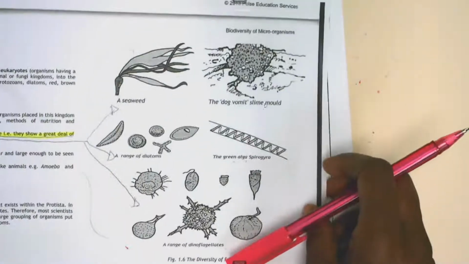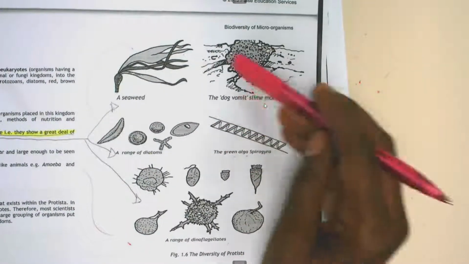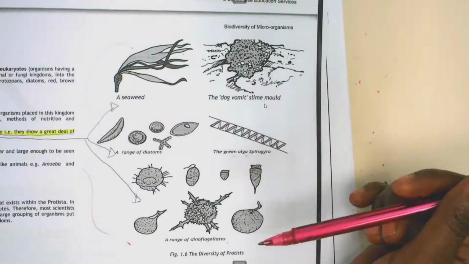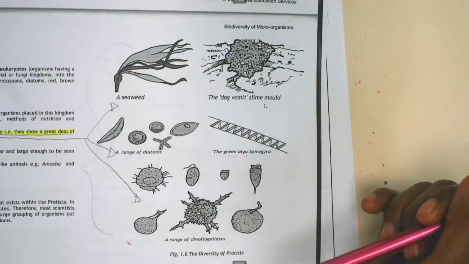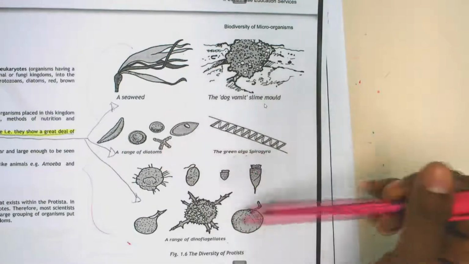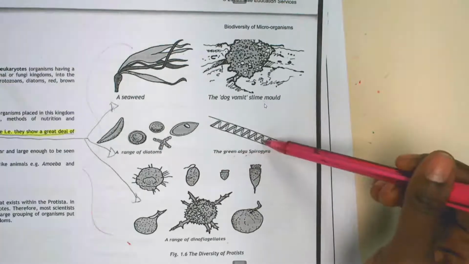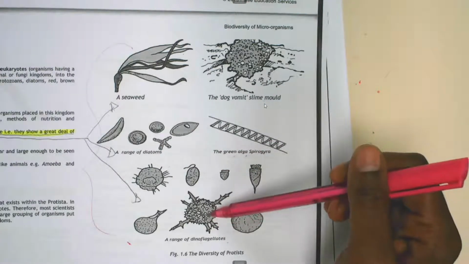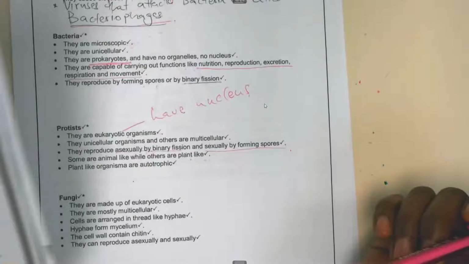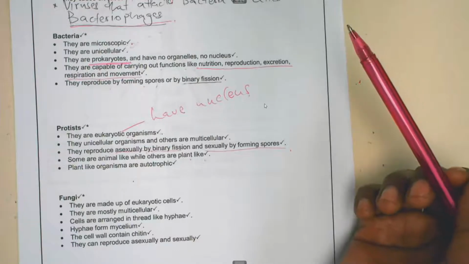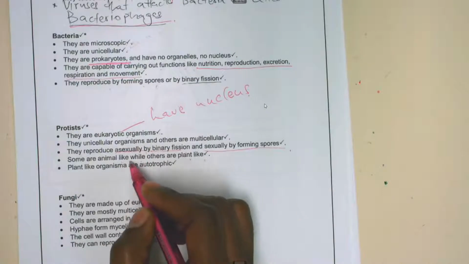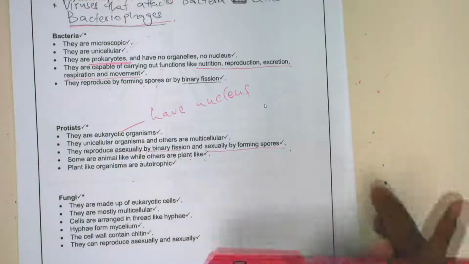When you look at these diagrams here, some look like plants, look at the seaweed, and also look at these ones, the diatoms, and the green algae, and then this one, the dinoflagellates, and then the dog vomit or slime mold. So there are those protists which look like plants, and then others look like animals.